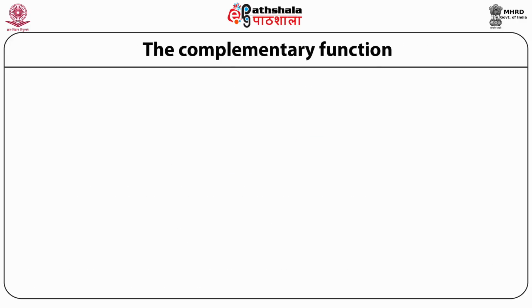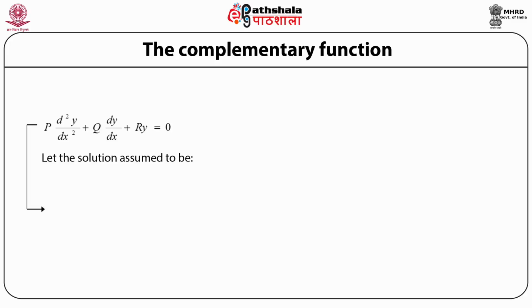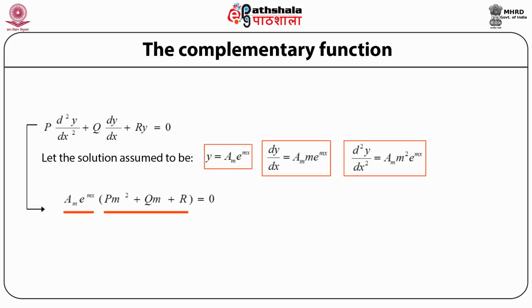We are going to see the complementary function of the equation, and how we can solve this. We have the equation p d squared y by dx squared plus q dy by dx plus r y is equal to 0. Let us assume the solution y is equal to a constant times e to the power mx. Generally, equations of this type will have this type of solution. So we can write dy by dx is equal to a m times e to the power mx.